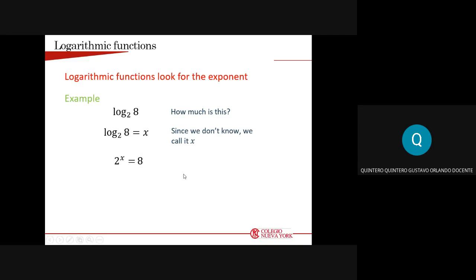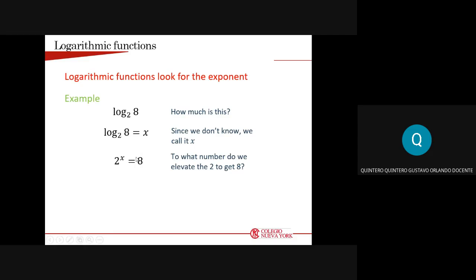All right, look at that. Now we ask ourselves, what is the x? Well, x is the value that we have to elevate the 2 so that we have 8. 2 to the what? That is the question. 2 elevated to the what gives me 8?